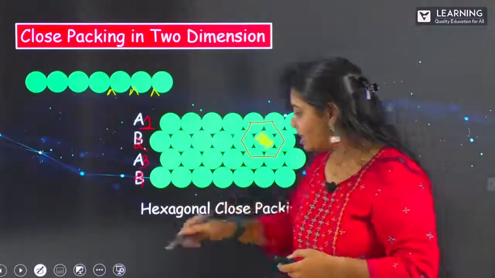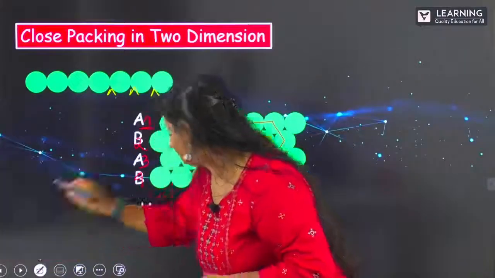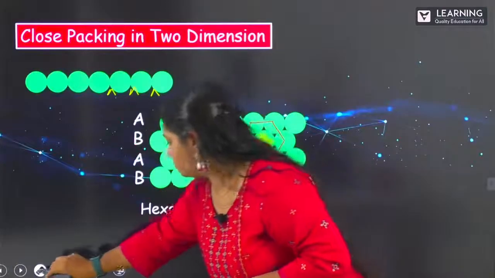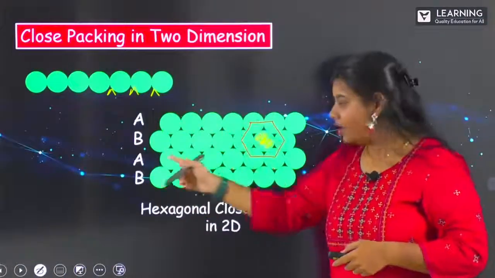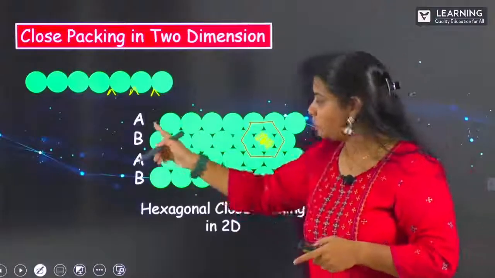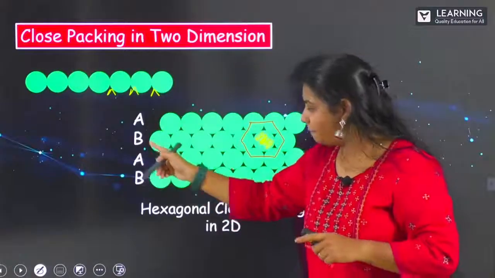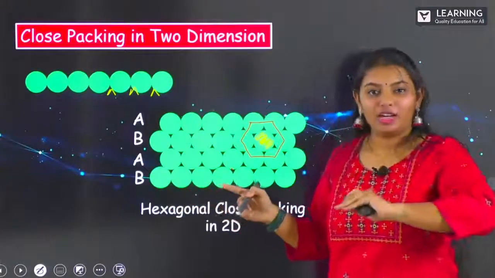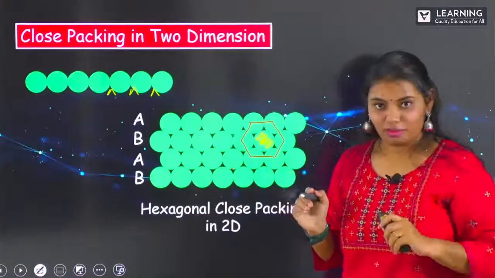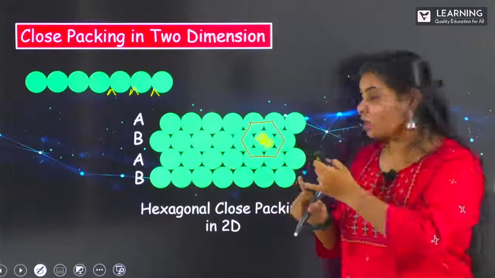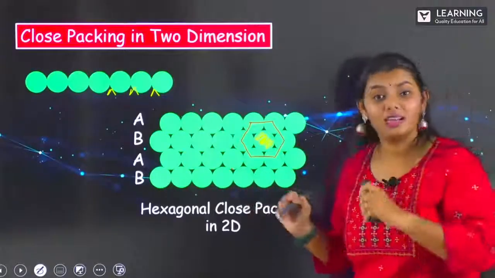So we can see the arrangement here as AB, AB. First layer is same, third layer is same, so A, A, both of them, B, B. So AB, AB kind of arrangement is found in hexagonal close packing in 2-dimension. So we finished the arrangement, and we finished why it is called hexagonal close packing.